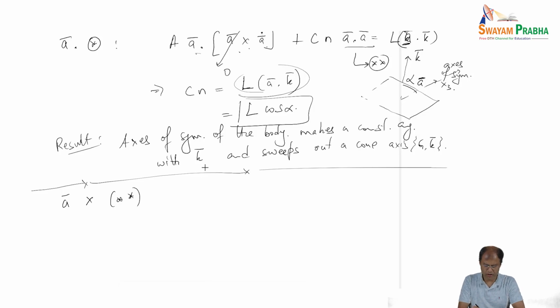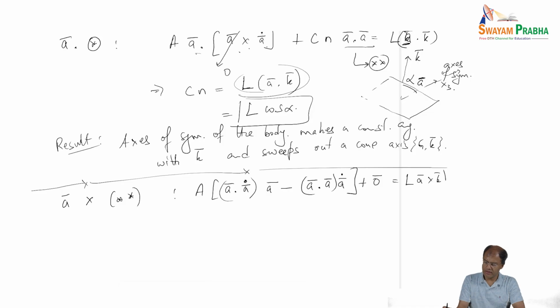So A cross double star is equal to A times A dot A dot A minus A dot A dot, which is plus 0, because with a cross and a dot, the triple product will be 0. And then this is also equal to L A cross K.